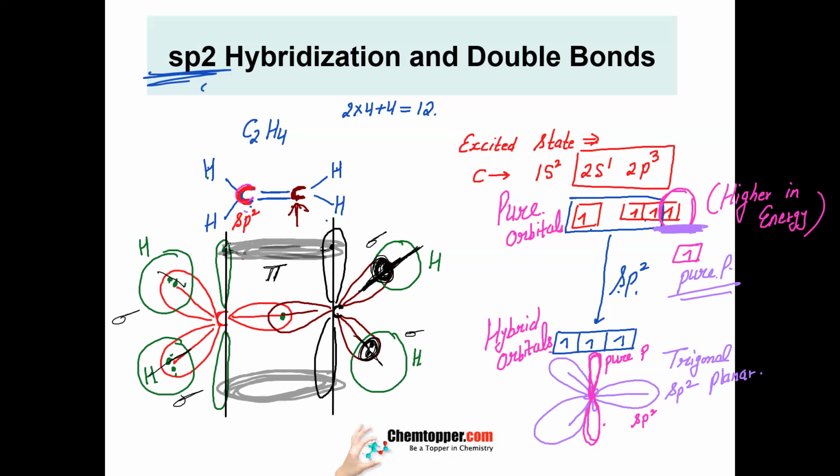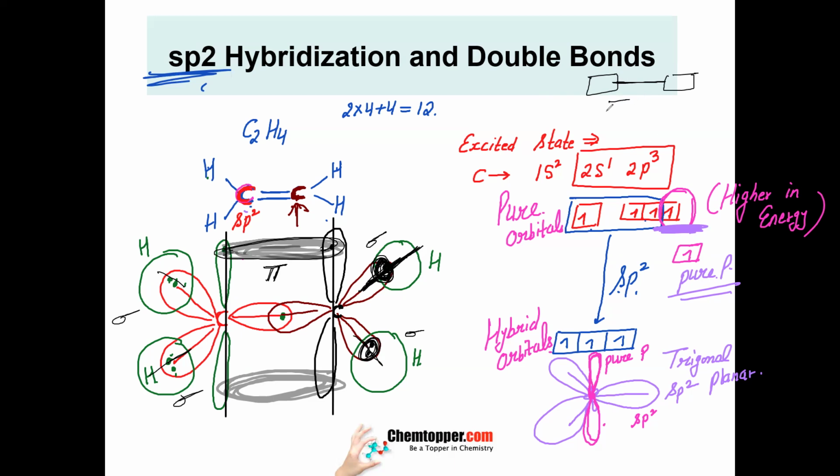And pi bond is sideways overlapping. Like two cars undergoing a head-on collision. One car is coming from this direction, the other car is coming from this direction. This is a head-on collision, very strong.